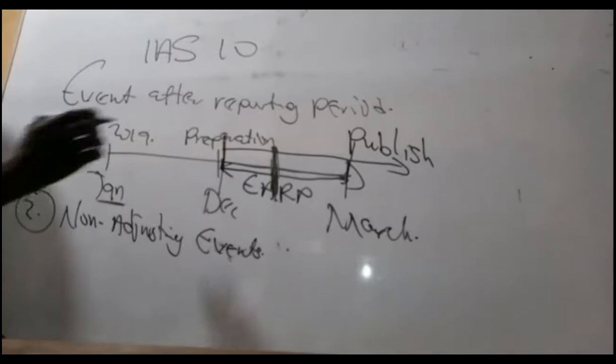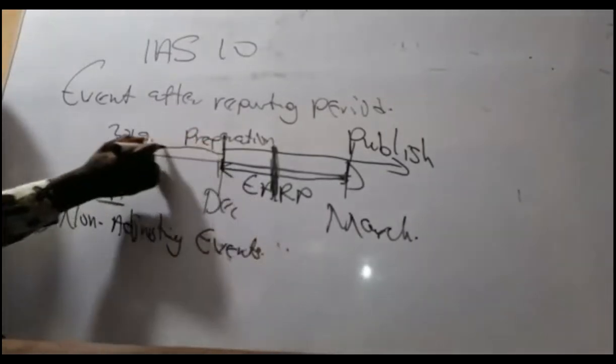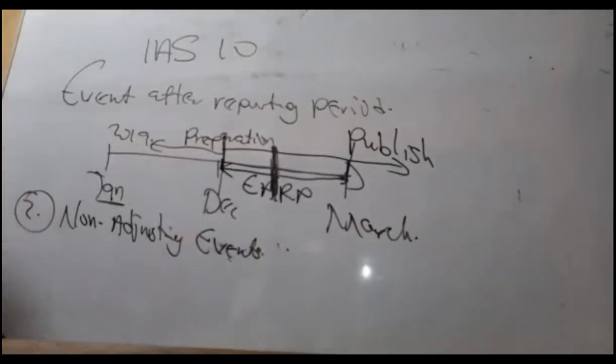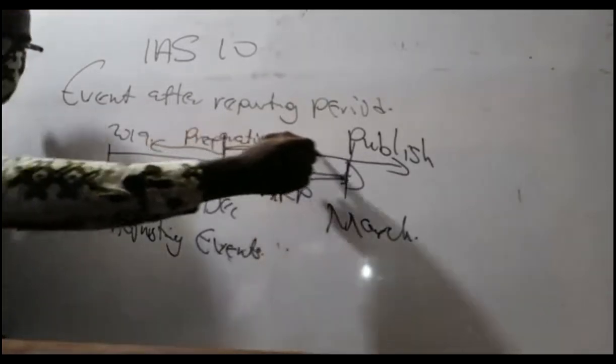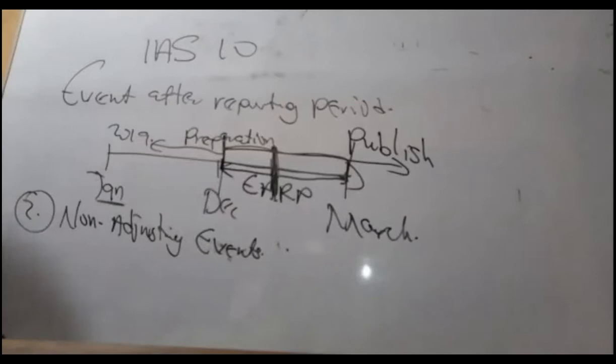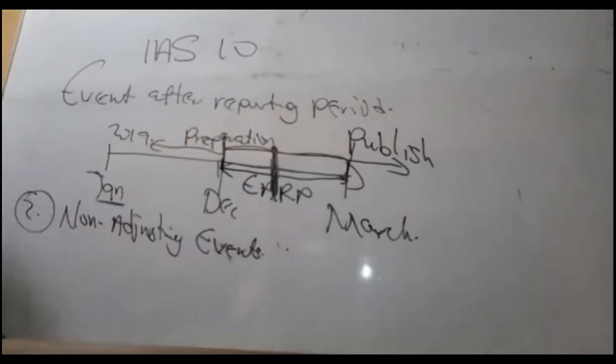But adjusting events will provide evidence of their existence before the year end. We exist before what? The year end. So that is it. So non-adjusting means there's evidence that the transaction does not exist before the year end, rather after the year end.